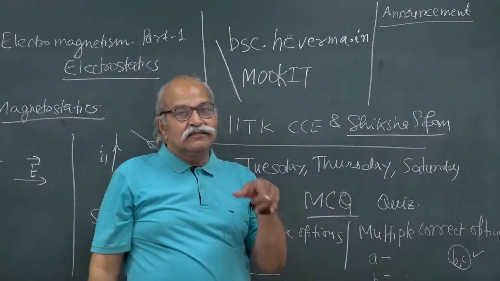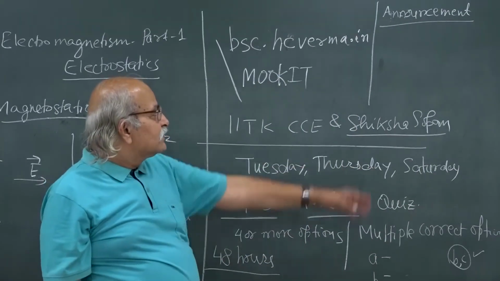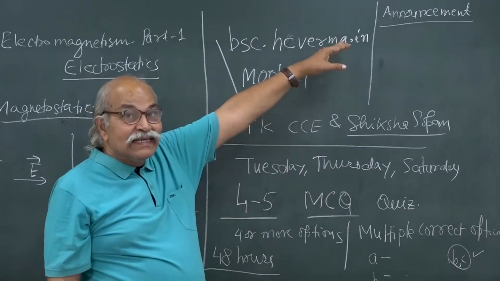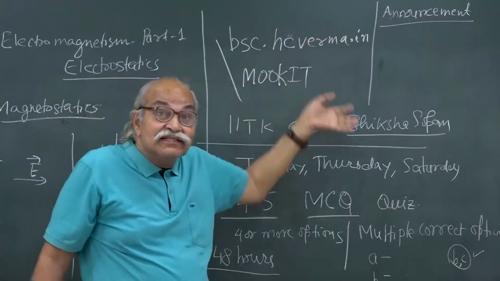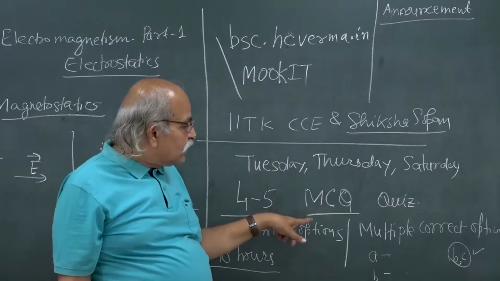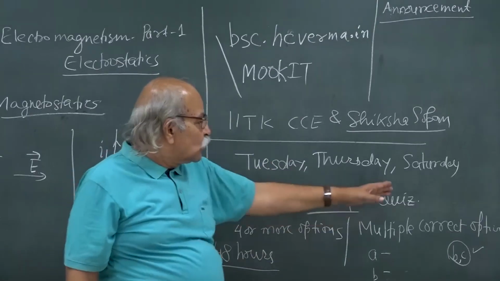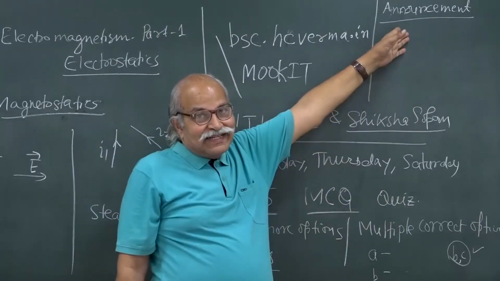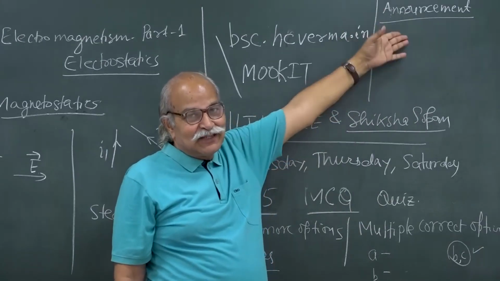When you log in, on the left side you have several items, and there itself it is announcement. Keep looking at that. Keep going there and see if there is some announcement. Every quiz will be announced well before the quiz starts, is opened, in this announcement section. So keep visiting this, keep looking at this if there is some announcement.